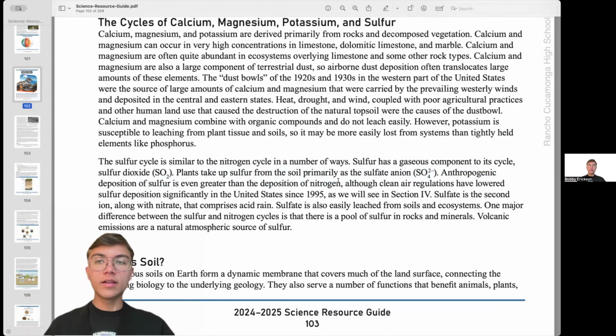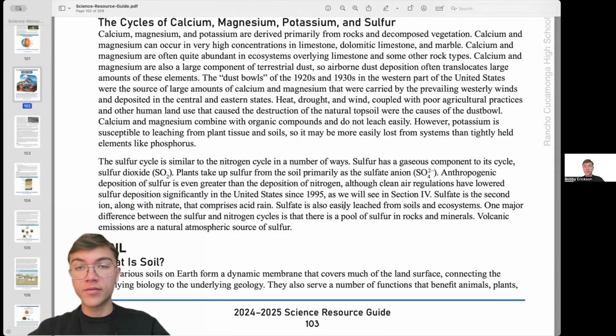And so clean air regulations have actually lowered sulfur deposition since 1995, but it's still greater than the deposition of nitrogen. We also know, along with nitrate, sulfate actually comprises acid rain. And sulfate, just like phosphorus, is actually very easily leached from soils and ecosystems.